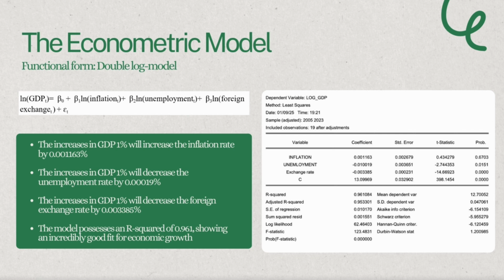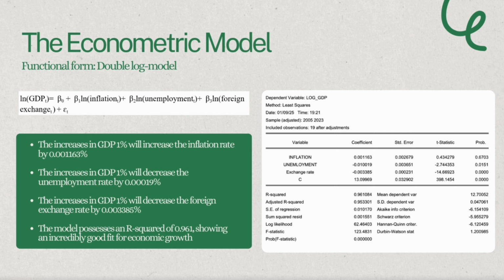Next, a 1% increase in unemployment rate reduces GDP by 0.010019%, which shows a negative relationship. Lastly, a 1% increase in the exchange rate will reduce GDP by 0.003385%, which shows a negative relationship.